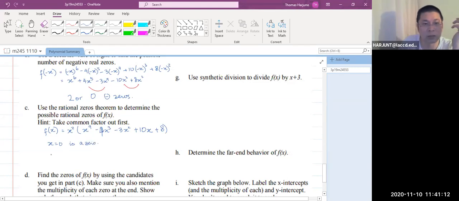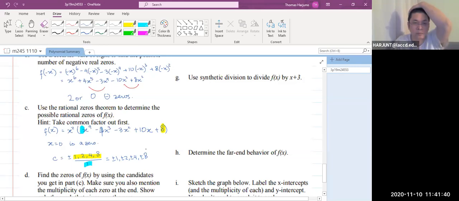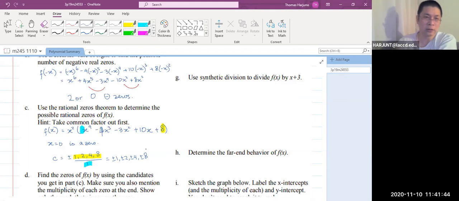And how about the rest? The others are c equals plus or minus 1, 2, 4, 8 over 1, factors of 8 over factors of 1. So that's plus or minus 1, plus or minus 2, plus or minus 4, plus or minus 8. Hey, at least we get 2 zeros already for free, right?